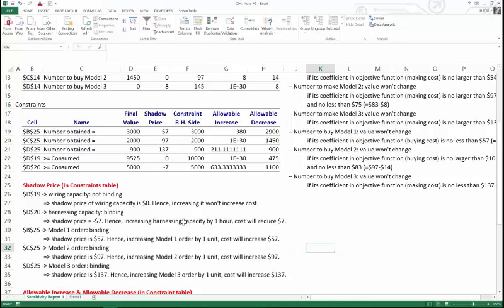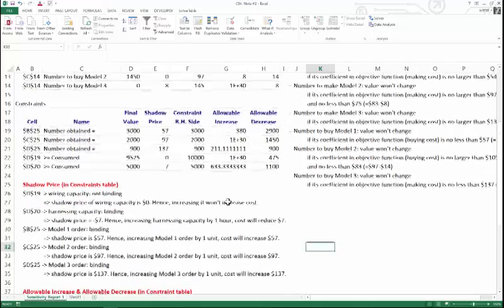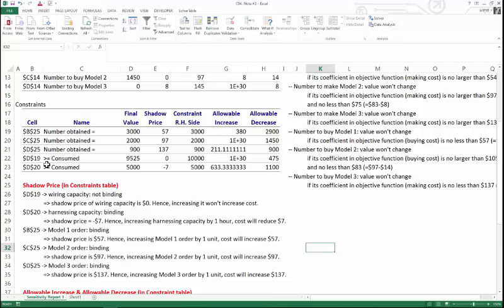Because it's negative. Then for those positive ones, if you reduce by 1 unit, the cost will increase by the shadow price. Now again, in the shadow price table, you will see for the allowable increase, there are 2 places where you can see the 1e plus 30. That is an infinitely large number. For instance, for the shadow price of the wiring capacity, the allowable increase is an infinitely large number.